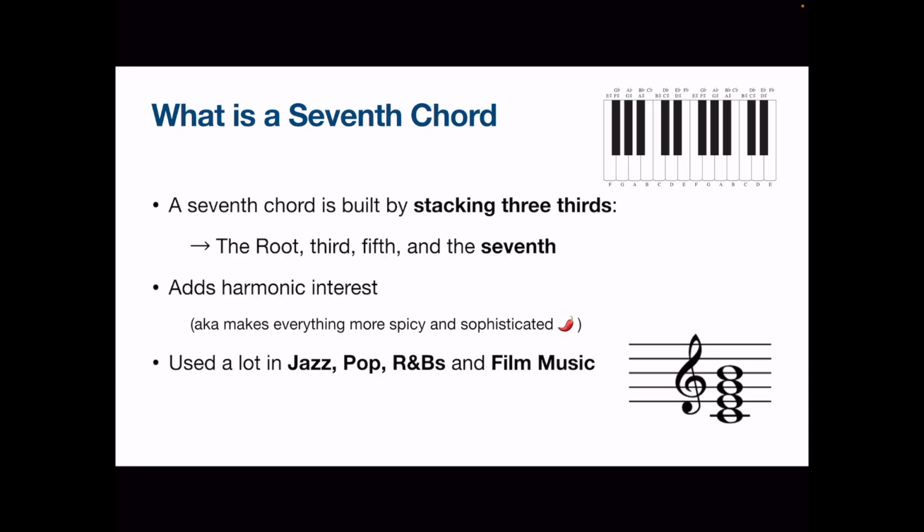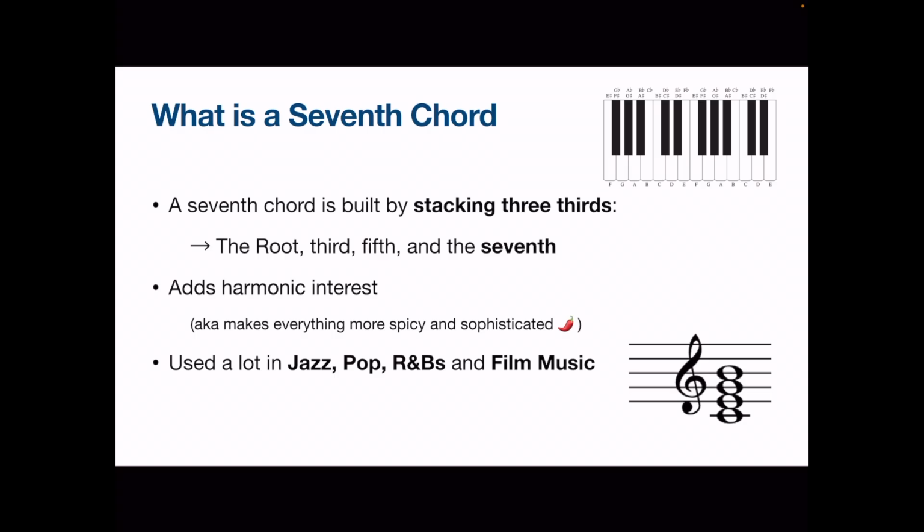So what is a seventh chord? A seventh chord is built by stacking thirds. And a seventh chord, like you see here on the bottom right corner, we have four notes. We have the root, and then the third, the fifth, and the seventh. And a seventh chord adds harmonic interest. It makes everything a lot spicier and sophisticated.